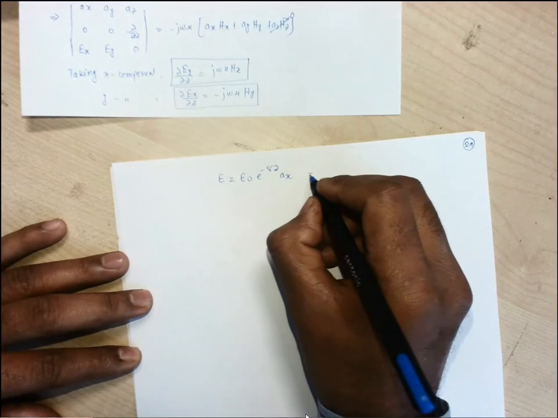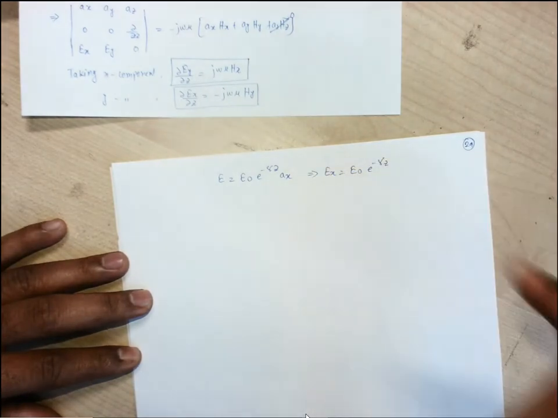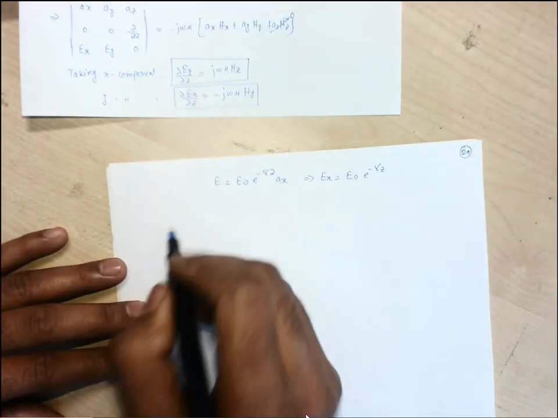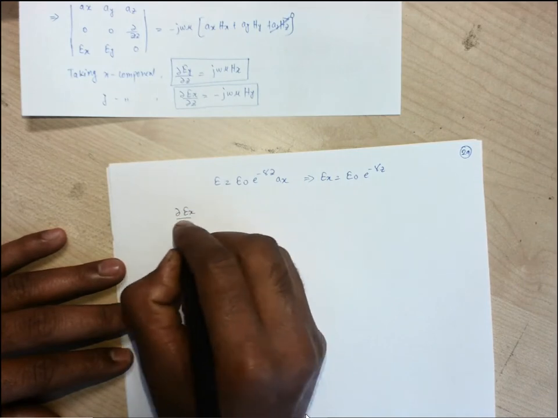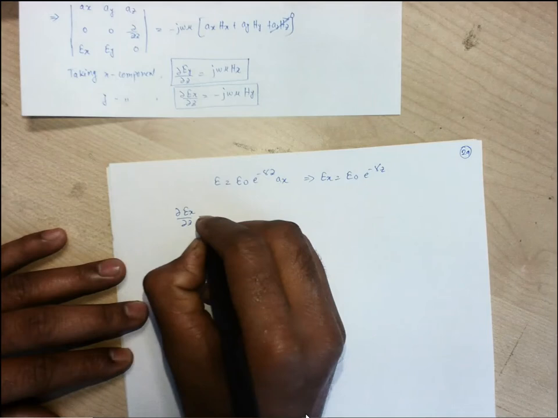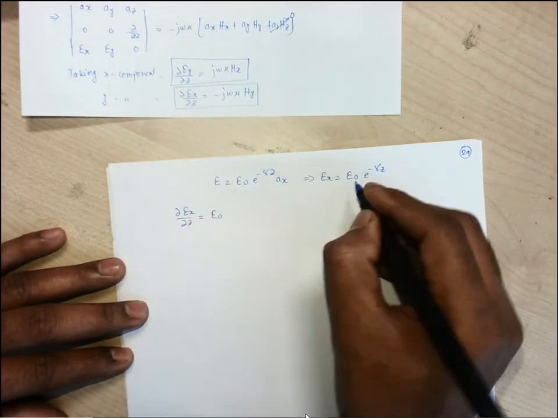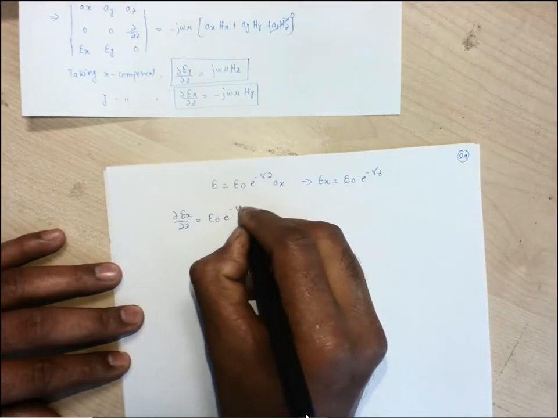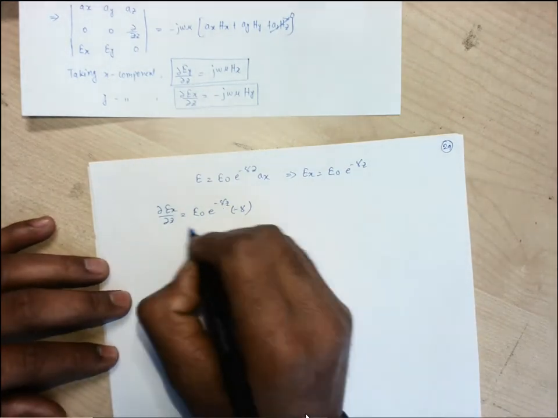We can write this as EX is equal to E0 e to the power minus gamma Z. So if we put this here, then we are having del EX by del Z. So if you take this, this will become E0, minus gamma will come out like this. So this thing is EX.